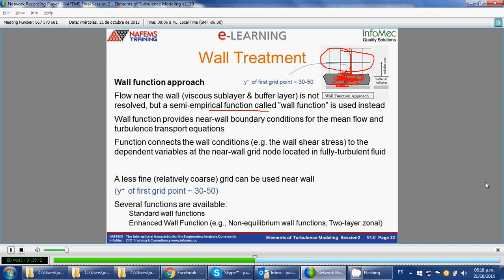It connects the wall conditions to the dependent variable near the wall. So now that we're going to use a wall function, we really don't want a grid that falls in this region. You want it to be right at the edge of this region where we can put that wall function.